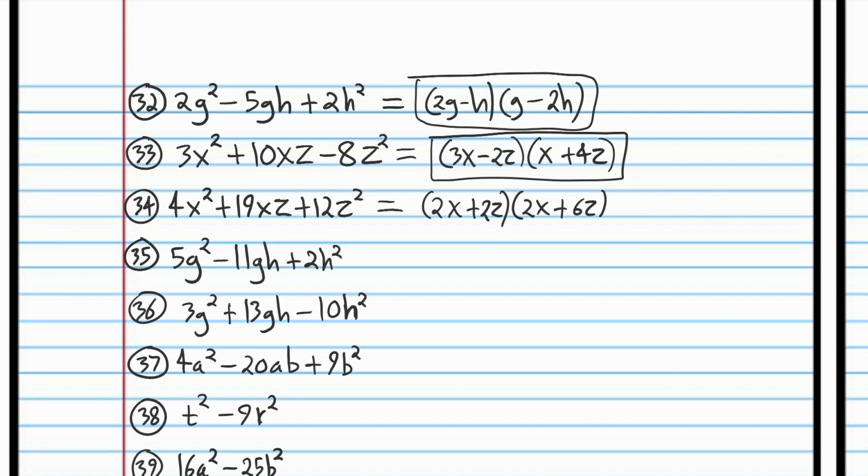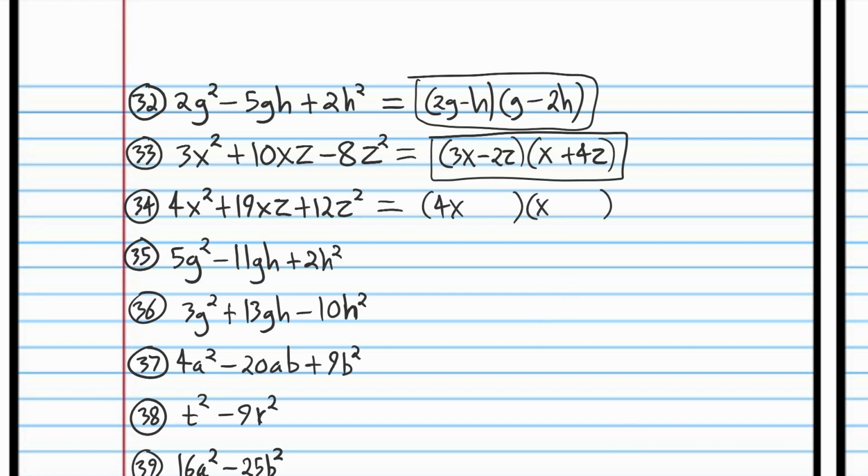So we could try 12z and 1z, but it's unlikely that that's going to do anything. So we have to get rid of these 2x's and replace them with 4x and x. So 4x and x, and now we'll try again.